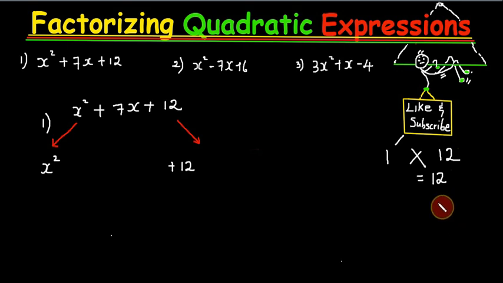Good. So the next thing we will do, our aim, is to expand the belly. Now the belly is 7x. We would like to have two terms from this.